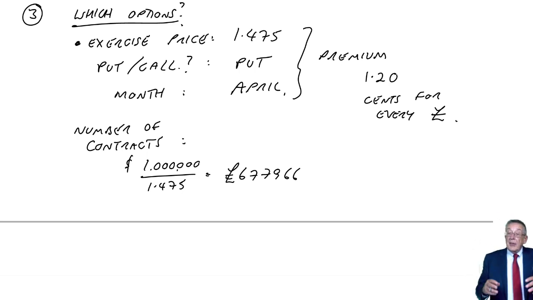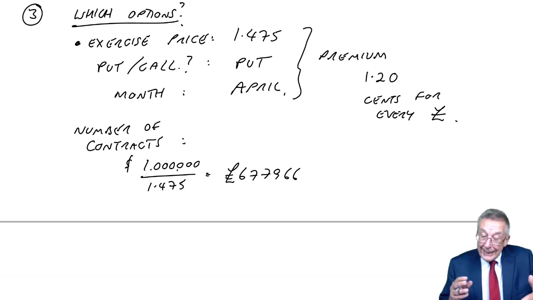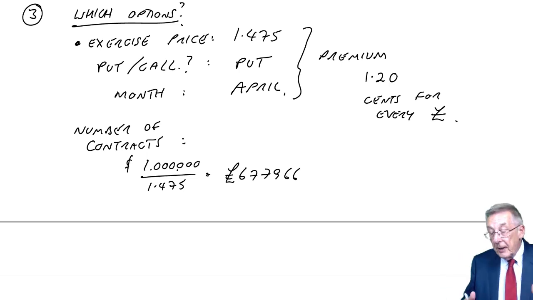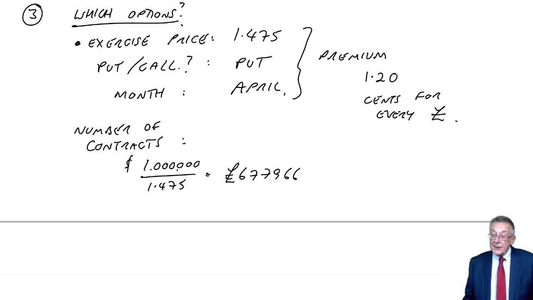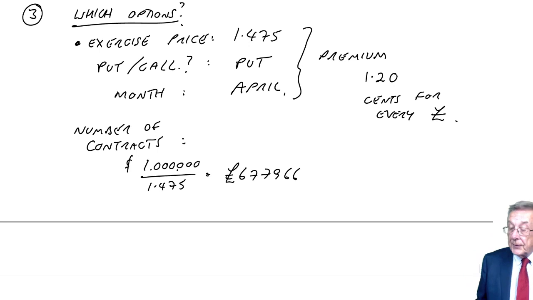The right to sell, we want to buy $1 million. Well, it's the same as the right to sell £677,000 at the exercise price. So that's the amount we want the option on in pounds.